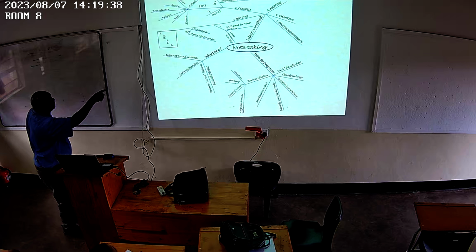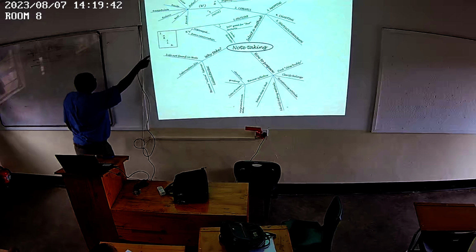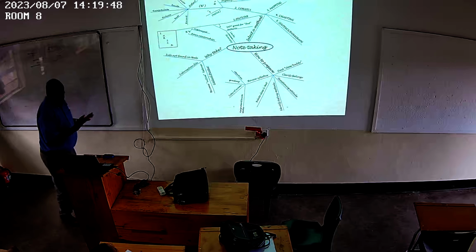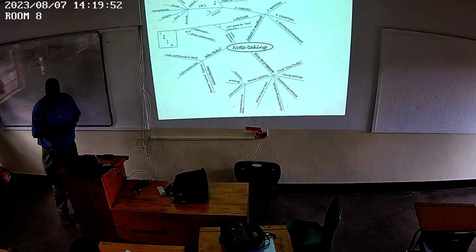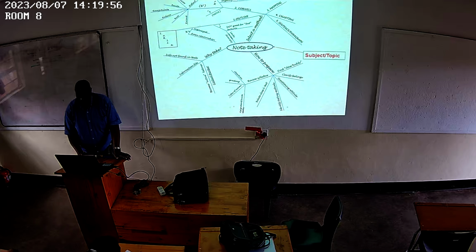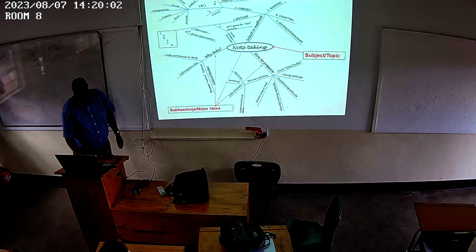The outline method, you have all these topic 1, topic 2, and all the rest of it. So you have a beautiful outline. This is the main point there, the subject topic.